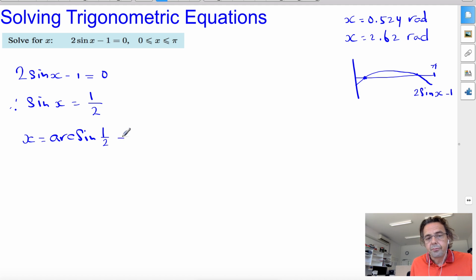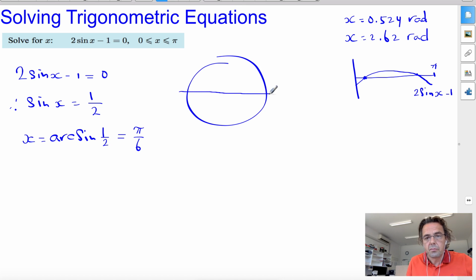Now you need to be able to do this without a calculator because these are the well-known angles. The sine of the angle is 1/2 when the angle is pi over 6. That's where it is. But remember the unit circle. So the sine is 1/2, right? 1/2 here.